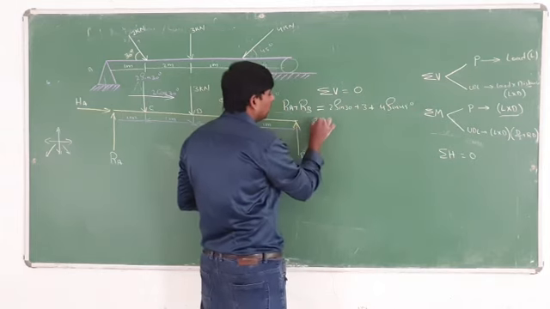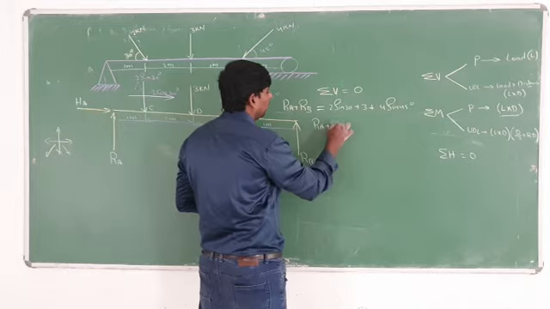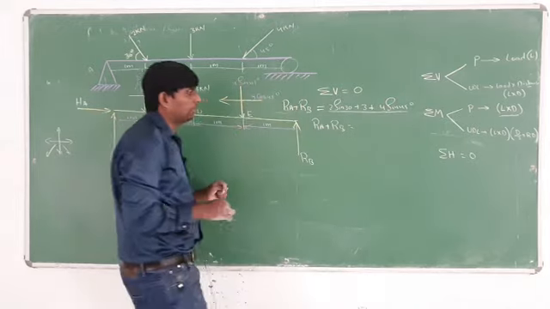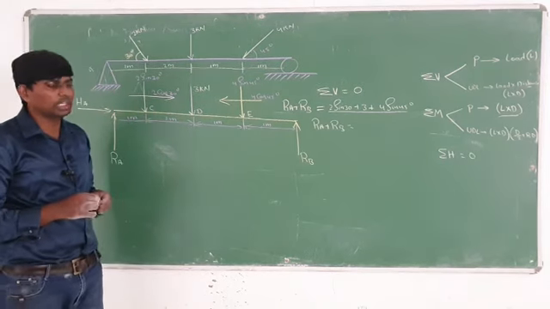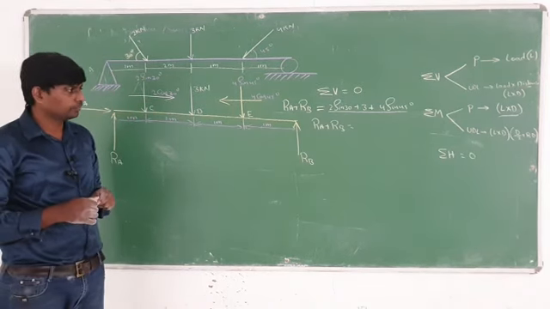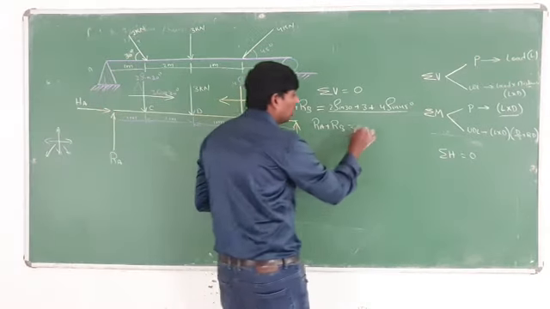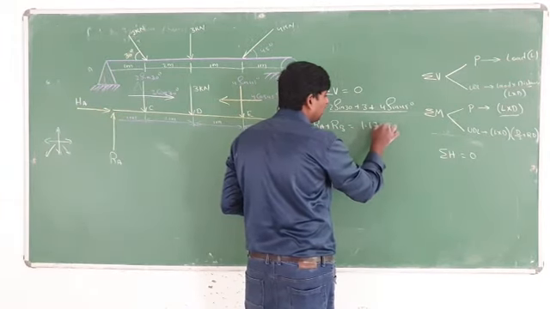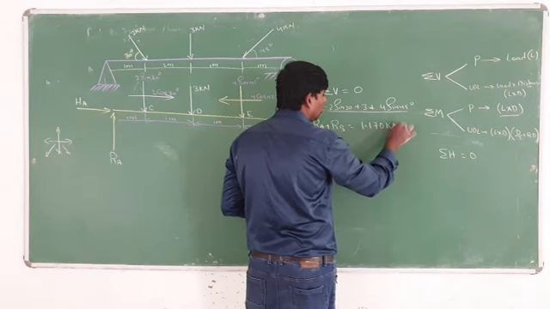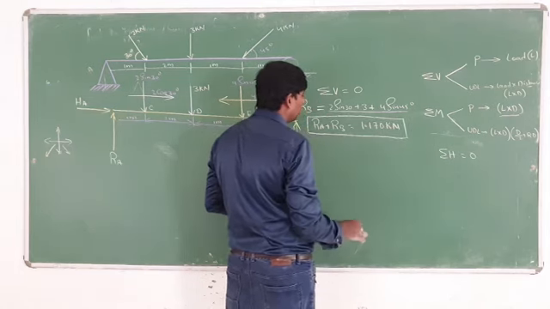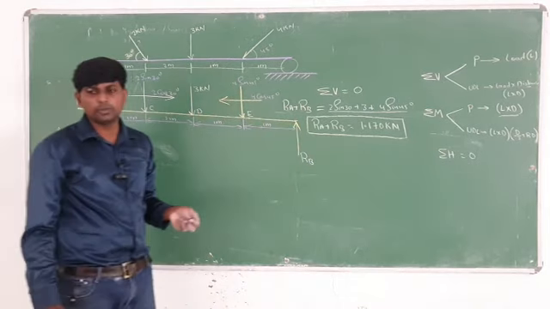Right? Then RA plus RB is equal to, with the help of the calculator solve this one: 2 sin 30 plus 3 plus 4 sin 45. Check all of you are getting this value.